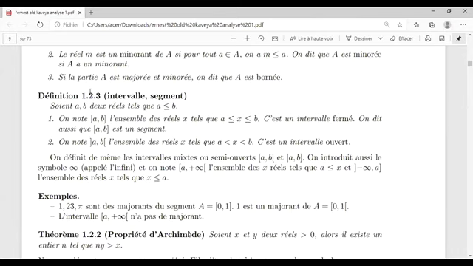On va continuer alors. Définition d'un intervalle. Okay, we define an interval and a segment. Soit A et B des réels tels que A inférieur ou égal à B. On note [A, B] l'ensemble des réels X tels que X supérieur ou égal à A et en même temps X inférieur ou égal à B. C'est un intervalle fermé.